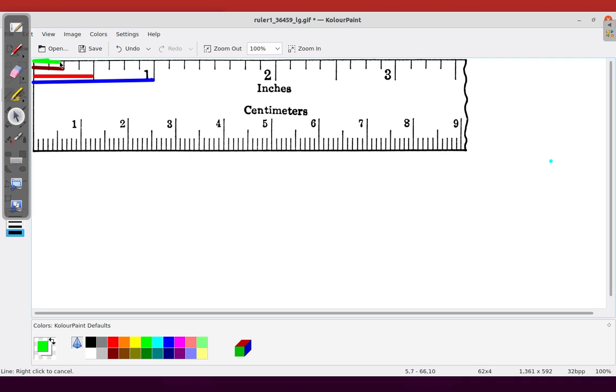Where is 1, 2, 3, 4, 5, 6, 7, 8 of that to make the inch. So from here to here is 1/8 of an inch. And some rulers even divide it further, half of 1/8, and you can see where they mark the 1/16 of an inch, right?